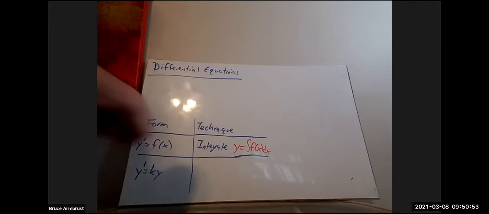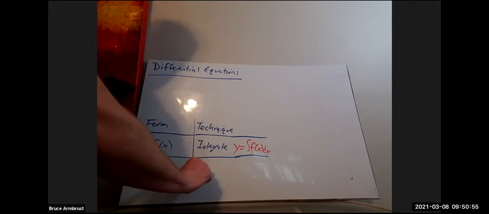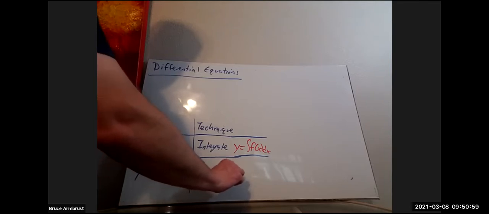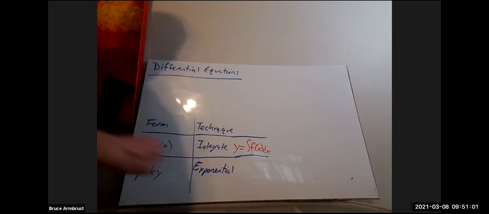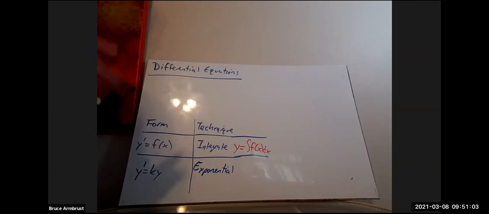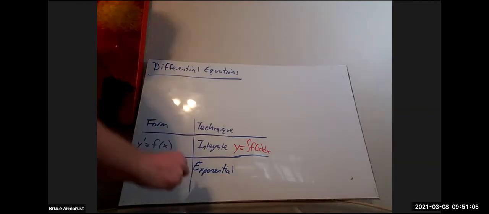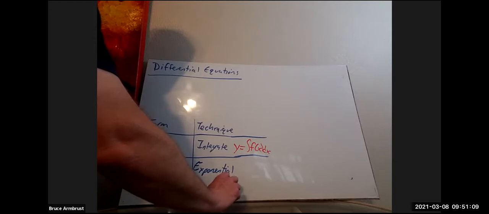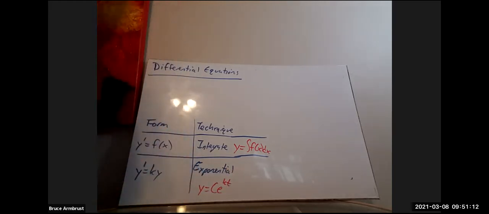So for this technique, I'm just going to put here exponentials. I'll write below it what the solution was, but this was y equals C e to the kt, or P e to the rt, or however you want to think about it. Yeah, so this is the PERT formula.